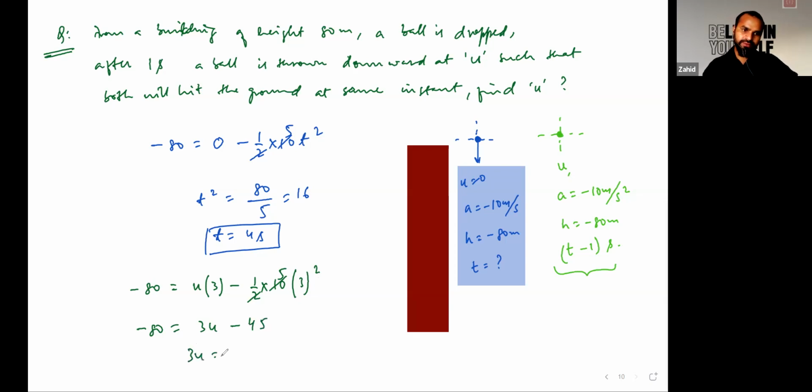So 3 times of U would be minus of 80 and plus of 45. So it would be minus of 35. So u is equals to minus 35 divided by 3. It would be 11.67 meter per second.